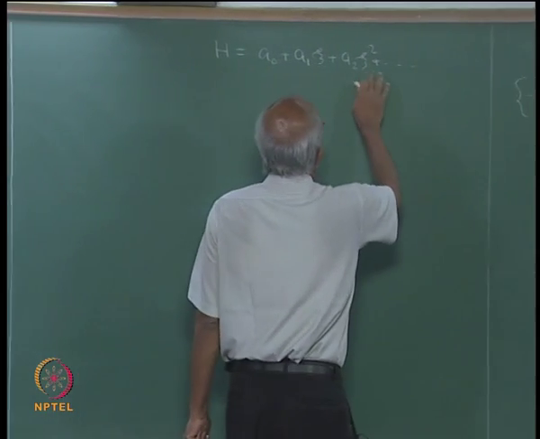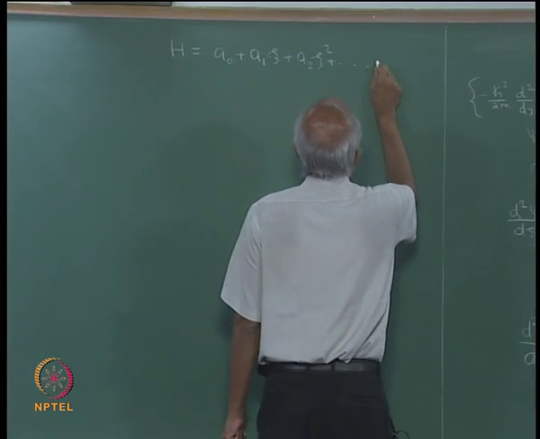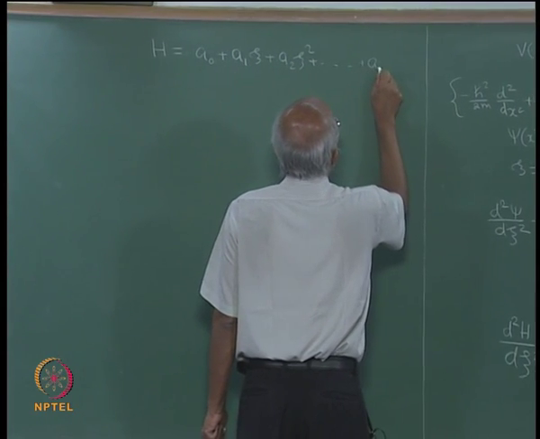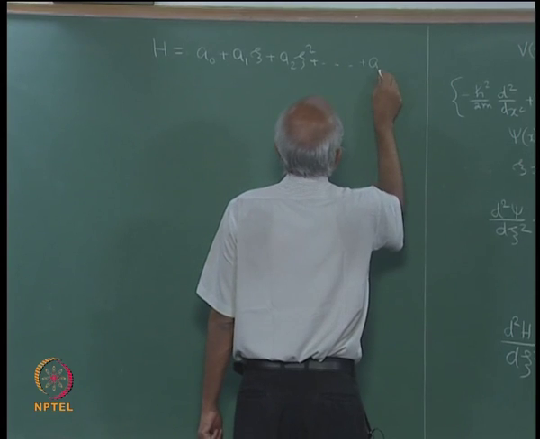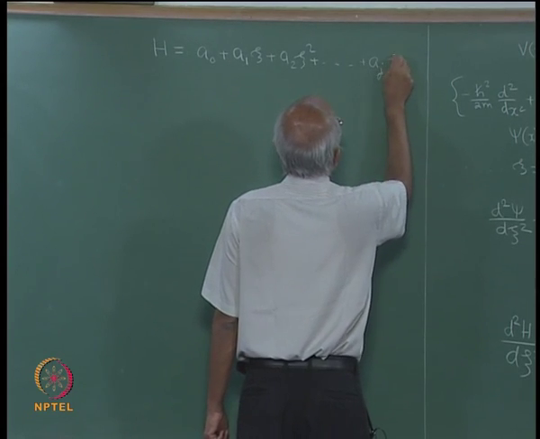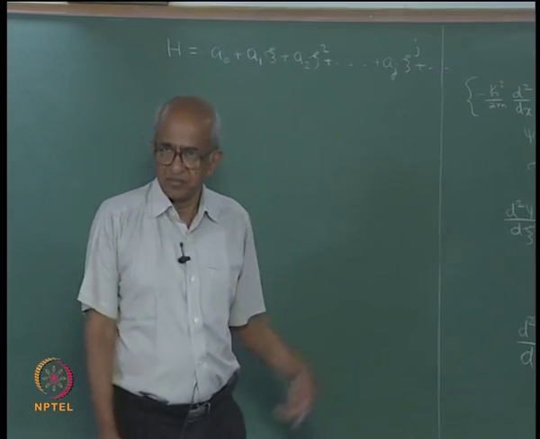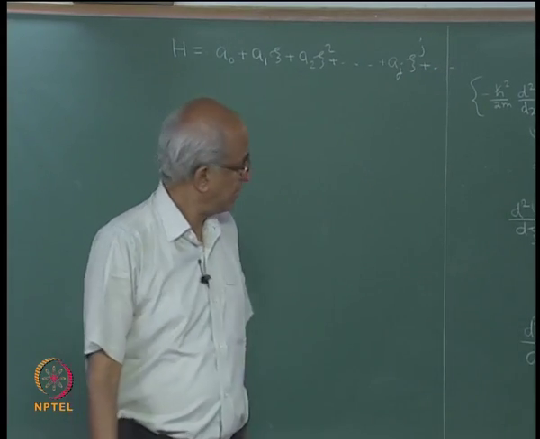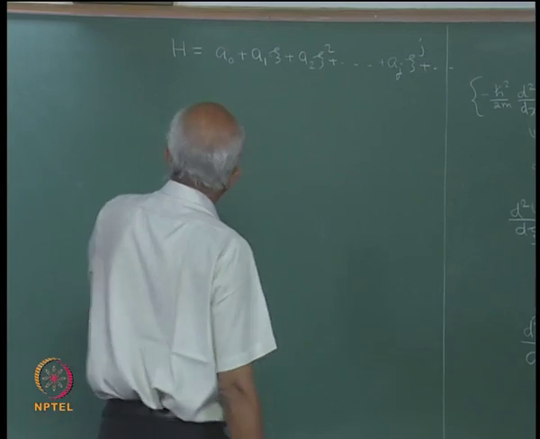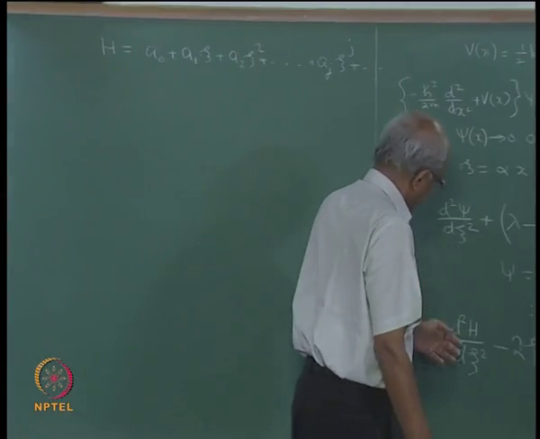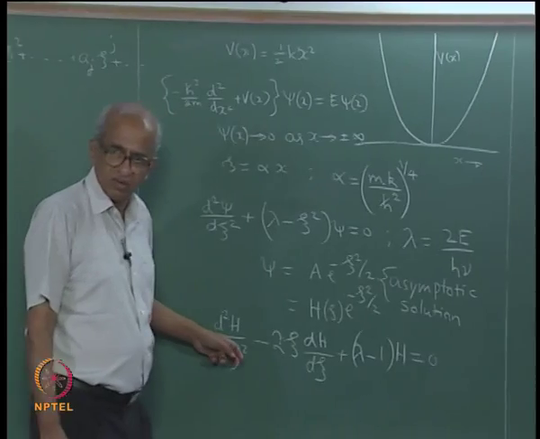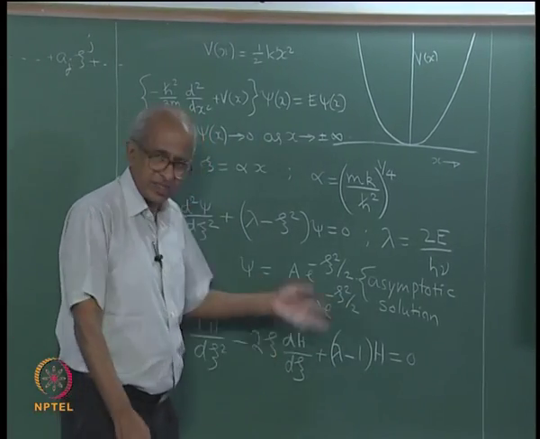So, what is going to happen is that you see here I will have a term like a j c to the power of j, and then of course it goes to infinity. That is the way the series is. So, what I am going to do is I am going to substitute this here, and see what the result is.